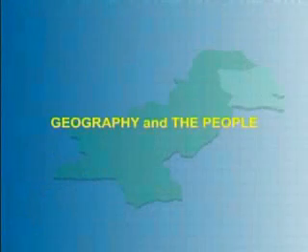We take up the first part, that is geography and the people. When Pakistan came into existence in 1947, it had two wings, East Bengal or East Pakistan and West Pakistan.